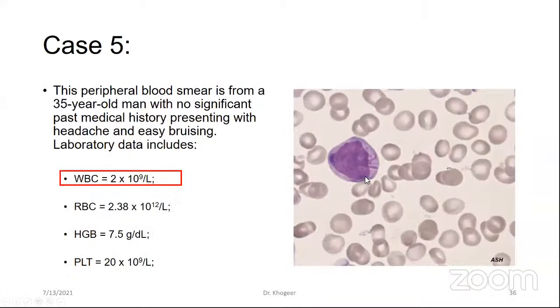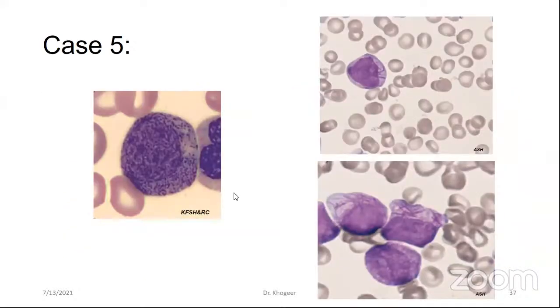Basically, these are abnormal promyelocytes, which are considered a blast equivalent in the background of leukemia. We want to compare these cells with the normal promyelocytes. Promyelocytes are round to oval cells that are generally slightly larger than the myeloblast.